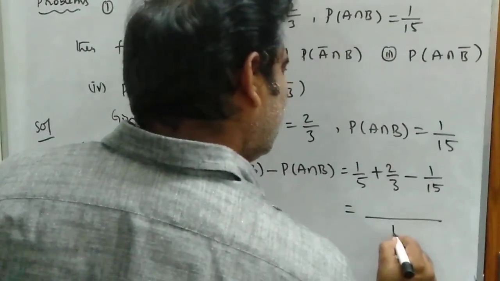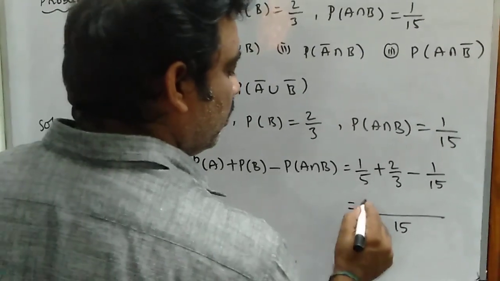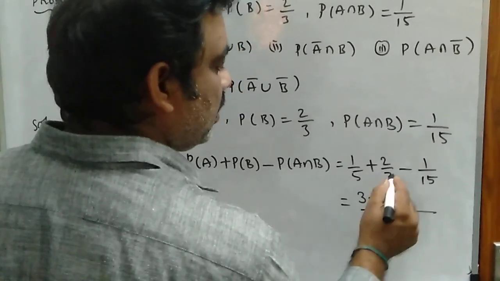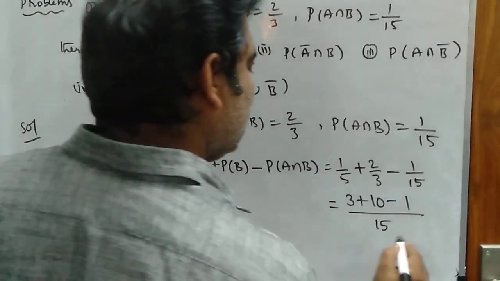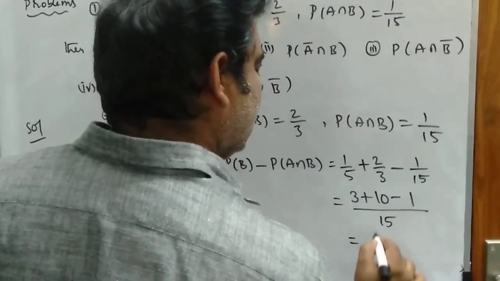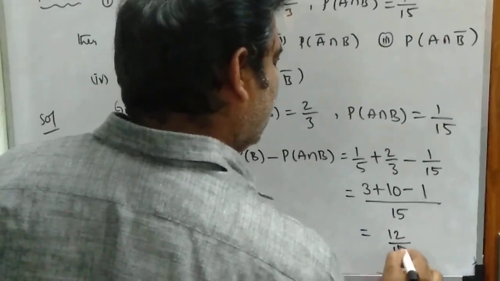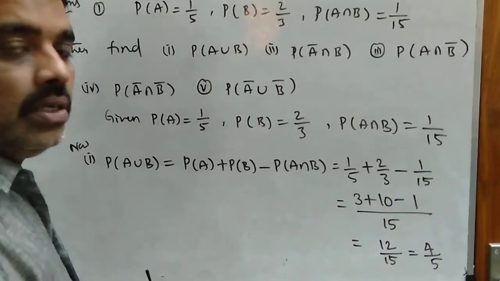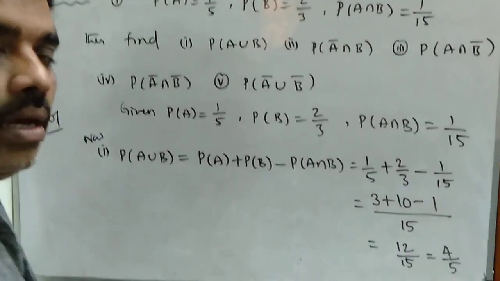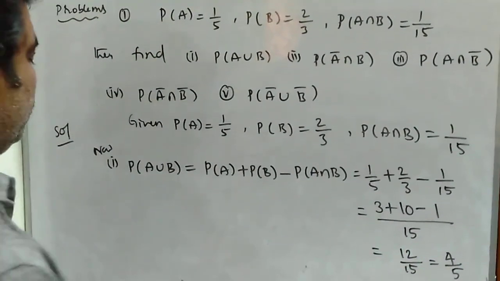So what is the LCM? 15. 5 3s are 3, 1s are 1. 3 5s, 5 2s are 10, minus 1. That is equal to 13 minus 1, 12 by 15. That is 3 4s, 3 5s. So 4 by 5 is the required probability.